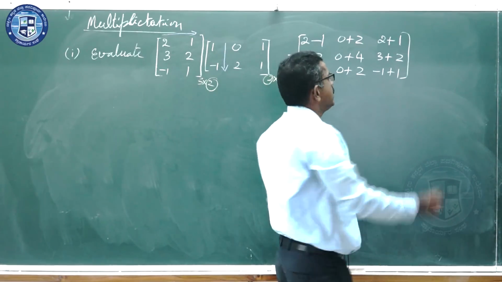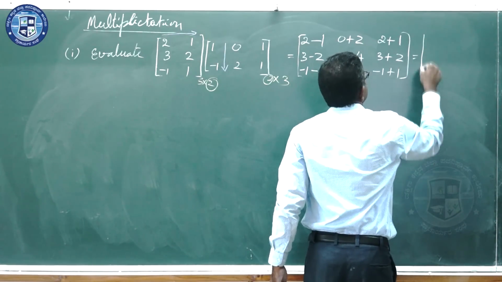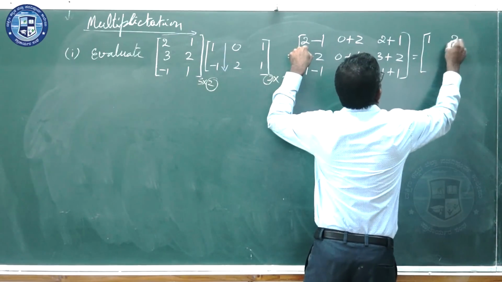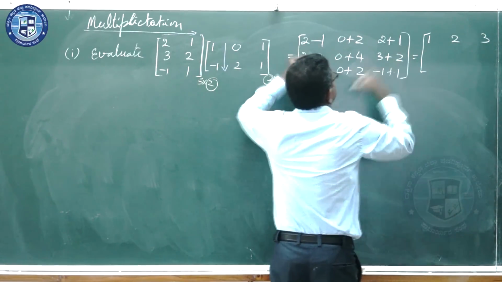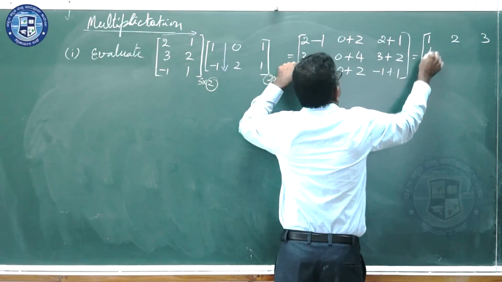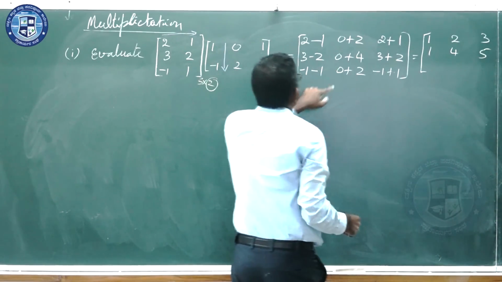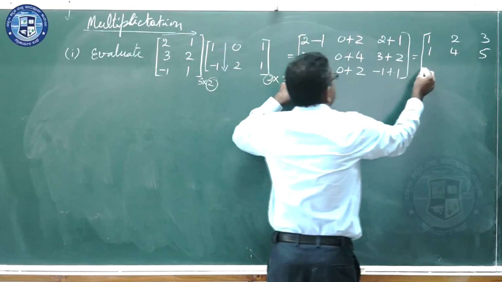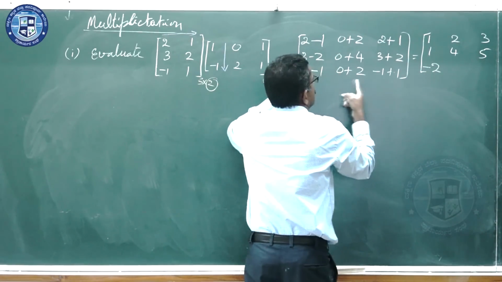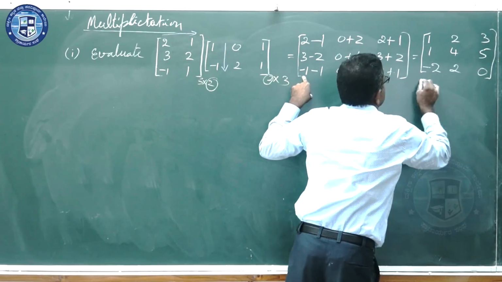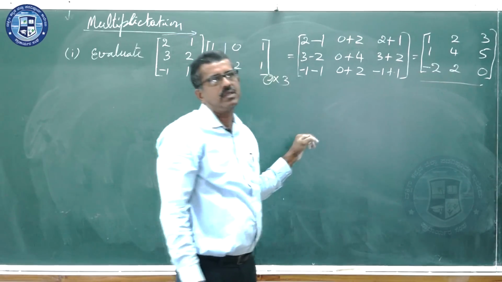I think it's very clear. So what is the resultant matrix? The resultant matrix would be, first term one is 1, 2, 3. It is 1, 4, 5. Next here will be minus 2. This will be 2. Last element 0.